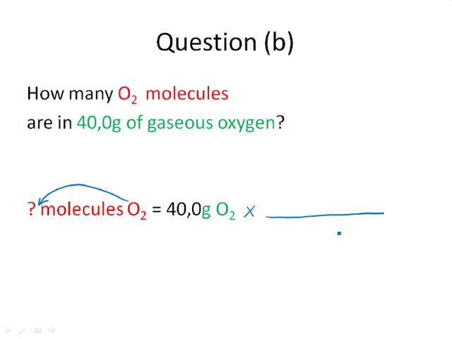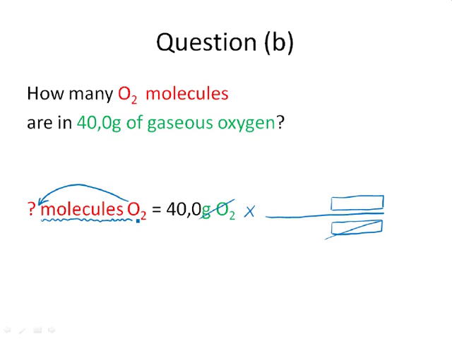What should the unit of the bottom of the fraction be so as to be able to cancel the information given? And what should the unit of the top of this fraction be so as to introduce the unit required in the question?